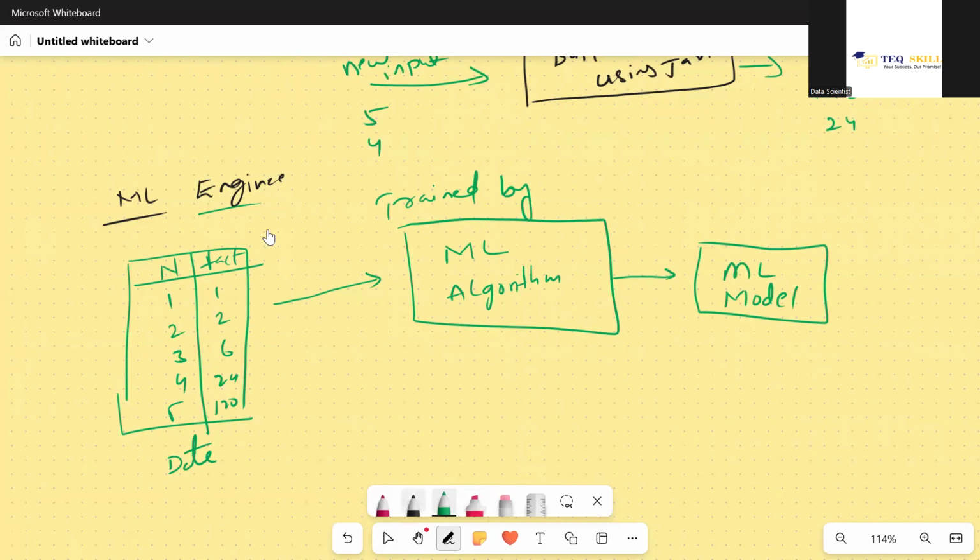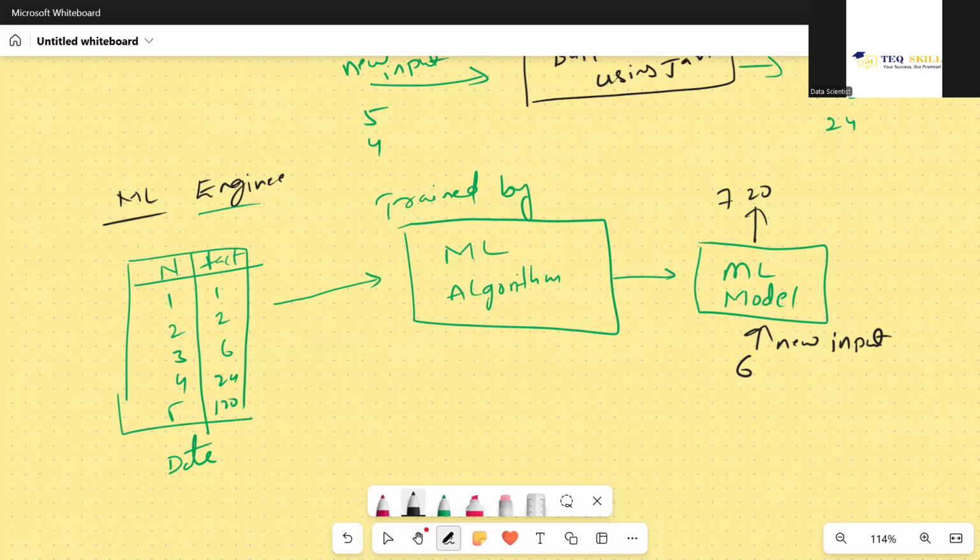Once the model has been generated, if I give any new input, for example 6, what could the result be? It's approximately 720. In this process, is there anywhere you built the logic?